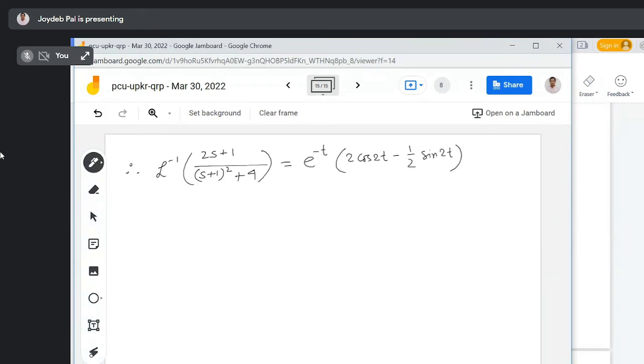This, that is our Laplace inverse of this function.